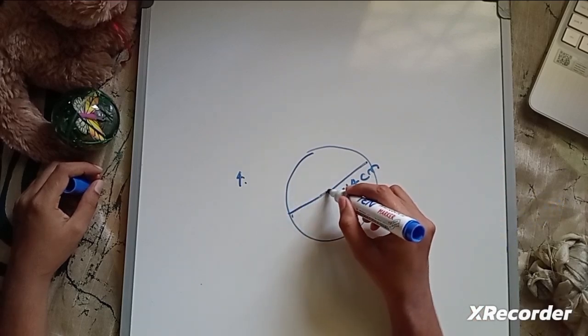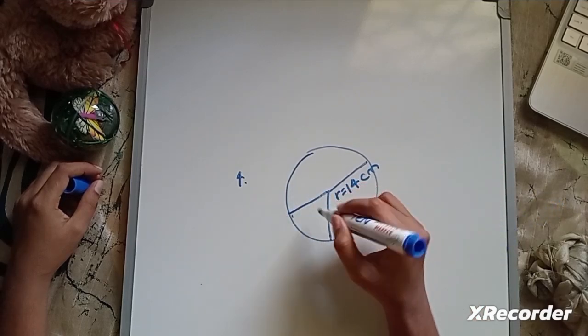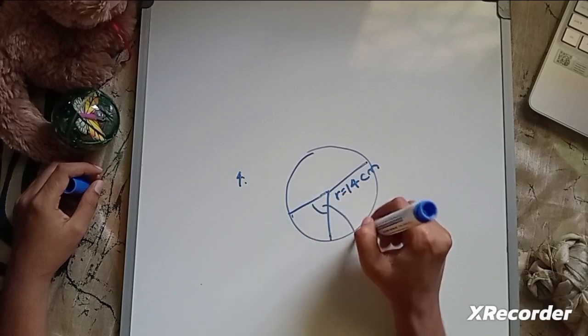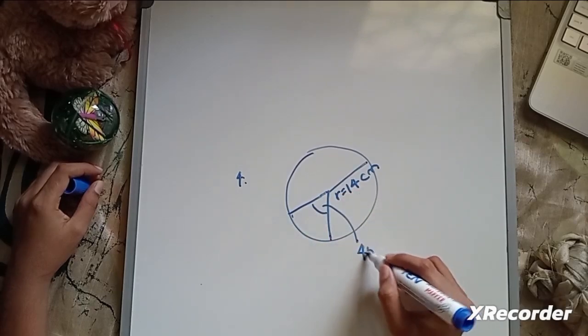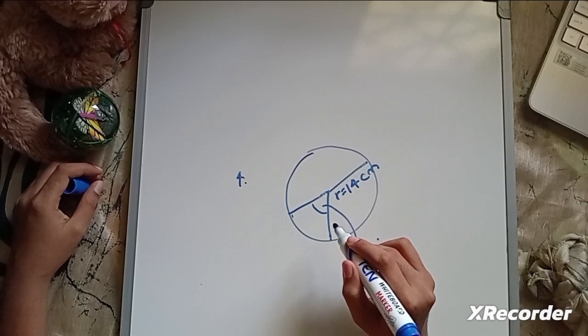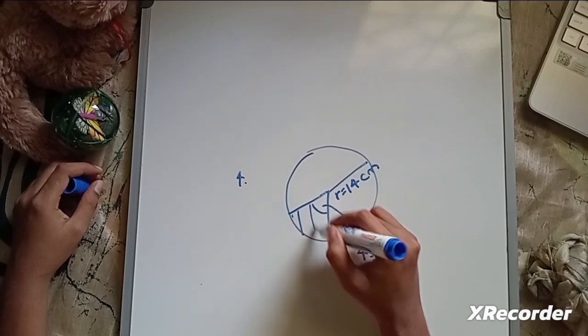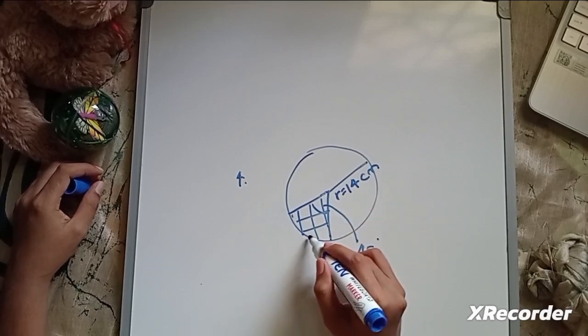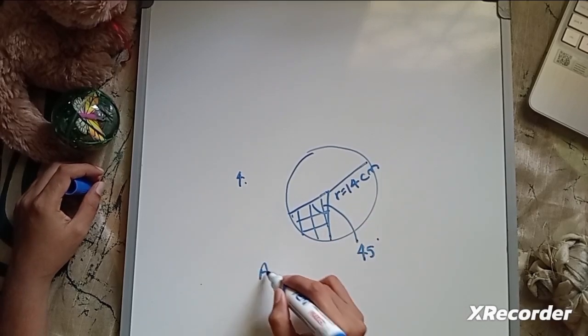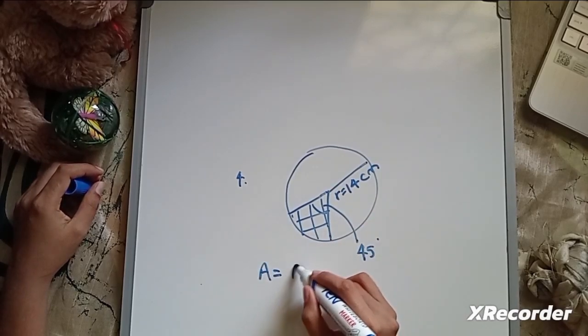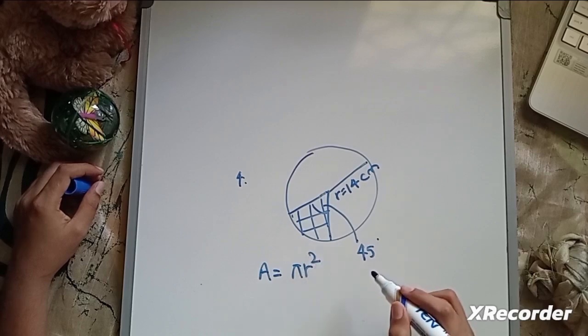Then a sector is cut out from this circle and the center angle is 45 degrees. They are asking to find the area of this sector, the area of this part. You know that the area of a circle is given by pi r squared.